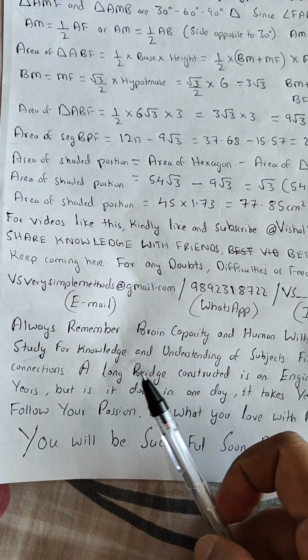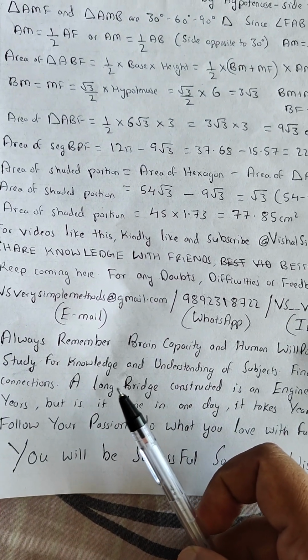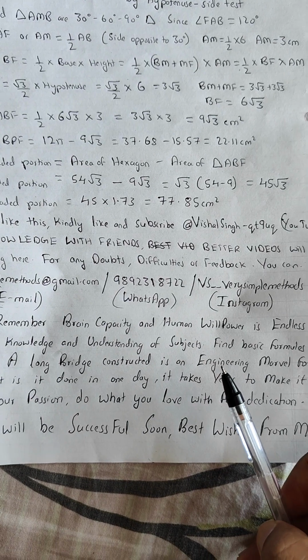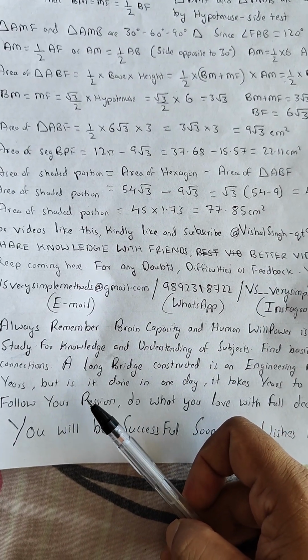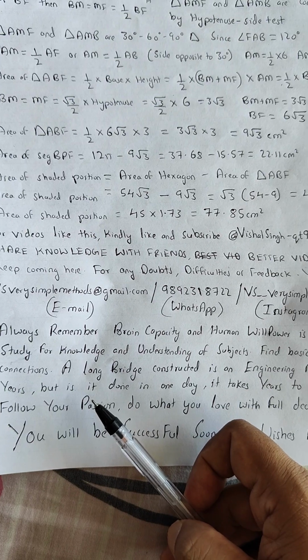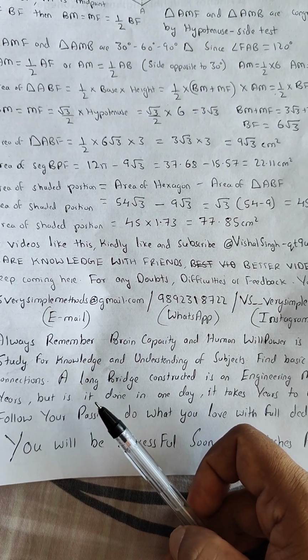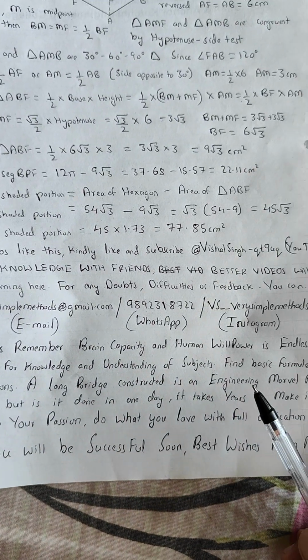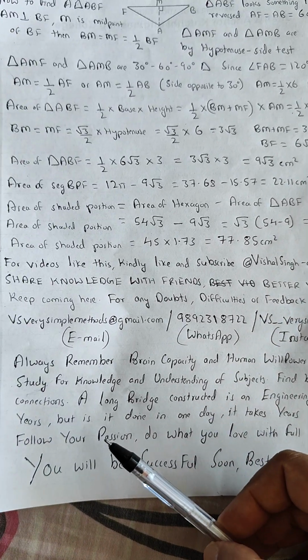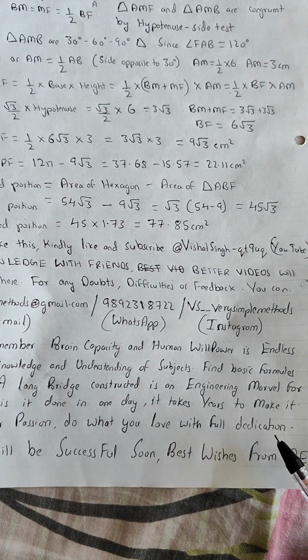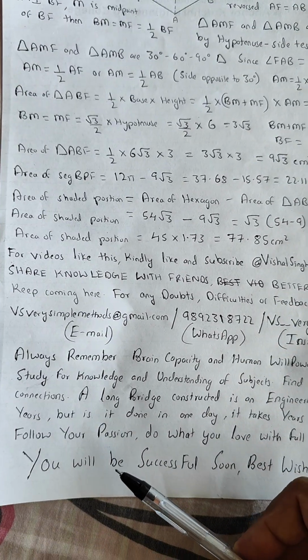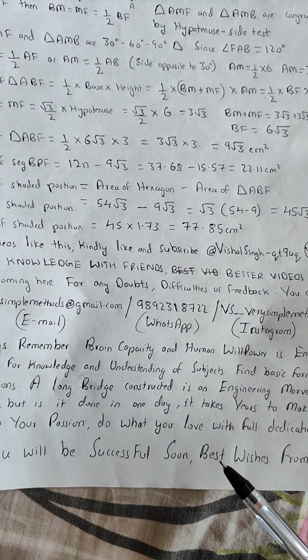What else I have mentioned is, I have given an example. A long bridge is constructed, and this is an engineering marvel for years. You consider any big bridge which is being constructed, it's an engineering marvel, but it is not done in one day. It takes years to make it. So always follow your passion, do what you love with full dedication, and you will be successful soon enough.